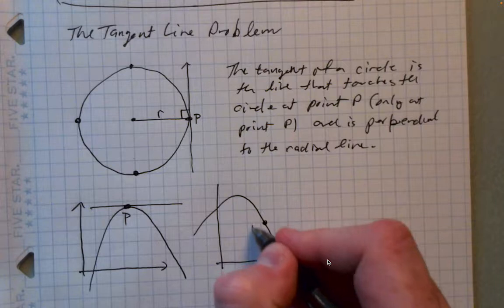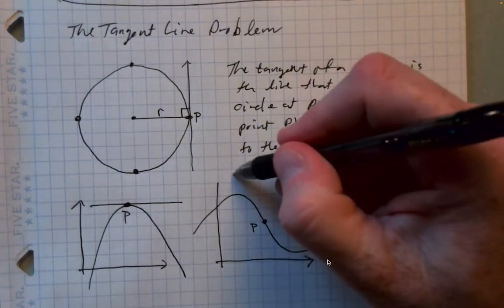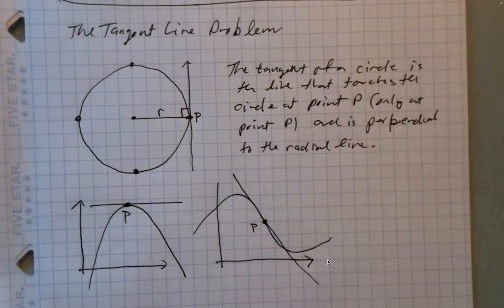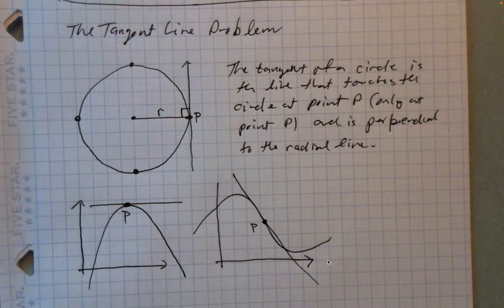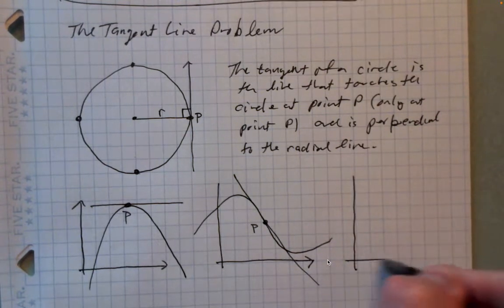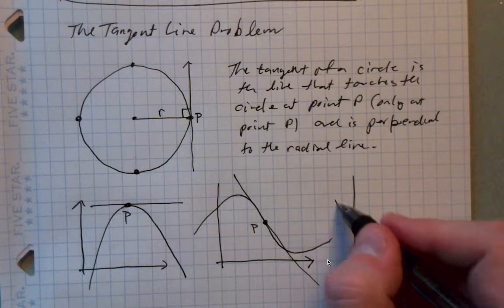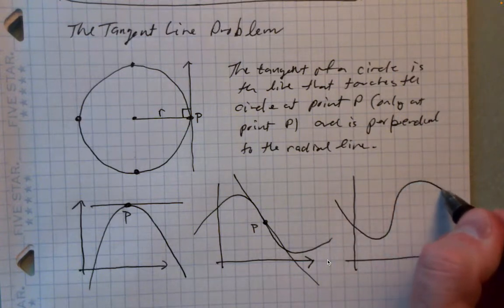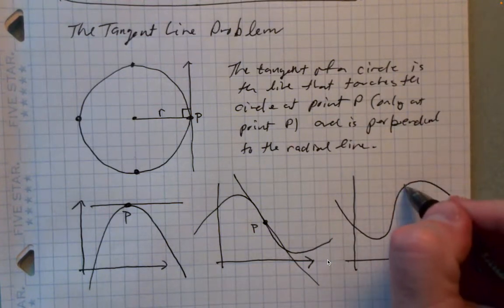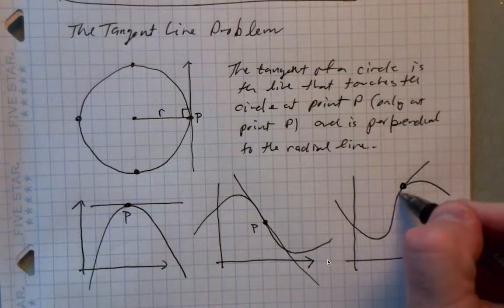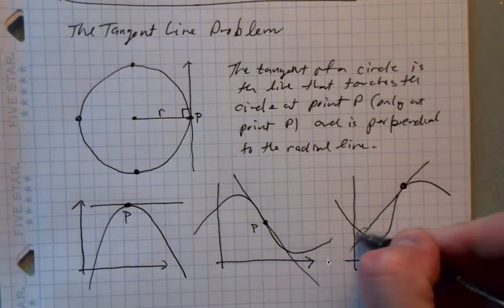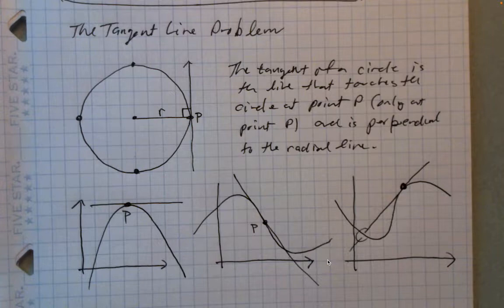Well, if we've got a point P here, then we might say that the tangent line is the line that cuts like that. And then another example, what if I've got a curve like this, and I'm interested in the tangent here? Well, then it's going to go like that.